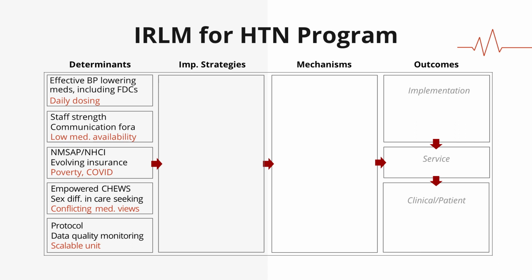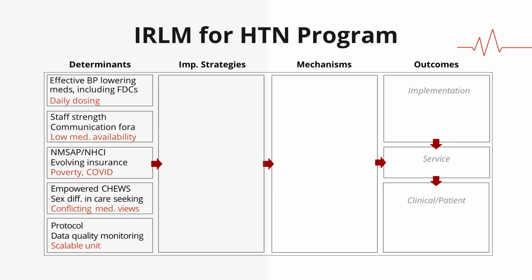There's widespread poverty throughout the Federal Capital Territory of Nigeria and limited discretionary funding to pay for health services and medications. We've obviously all been facing the COVID-19 pandemic, which certainly influenced the likelihood that people would come to primary care to seek care. For the characteristics of the individuals or the actors, the community health extension workers were empowered.